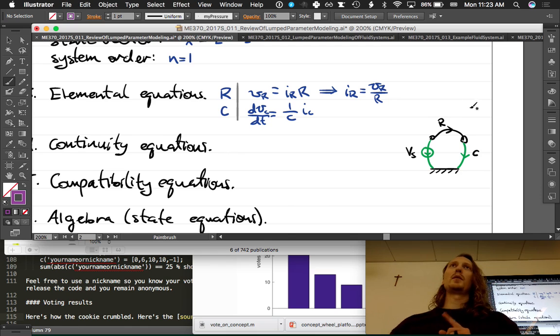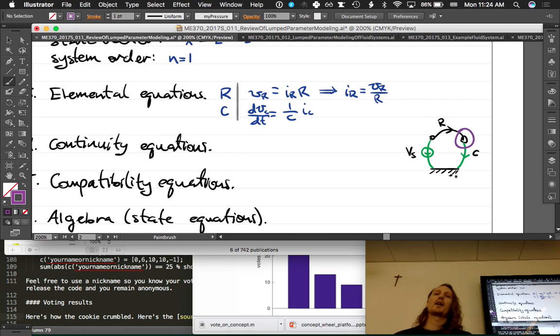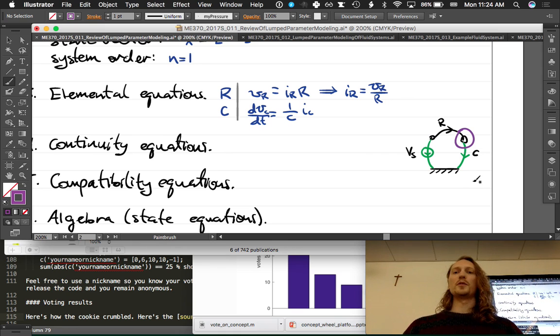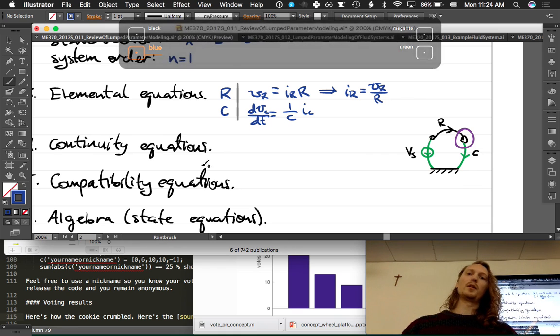So we need to do that for each contour. That contour does, just looking at that node essentially. And you only need to do one because you have to do one for each passive element in the normal tree, which there's only one, so we just have to do one continuity equation.